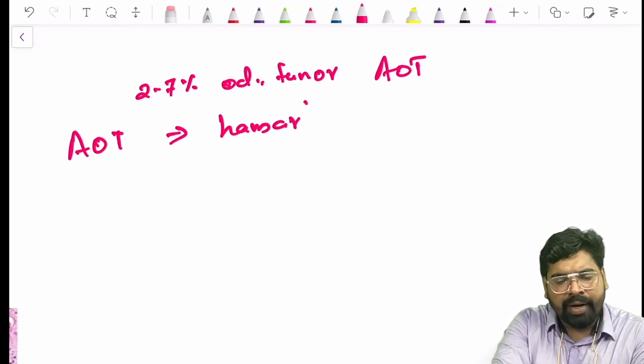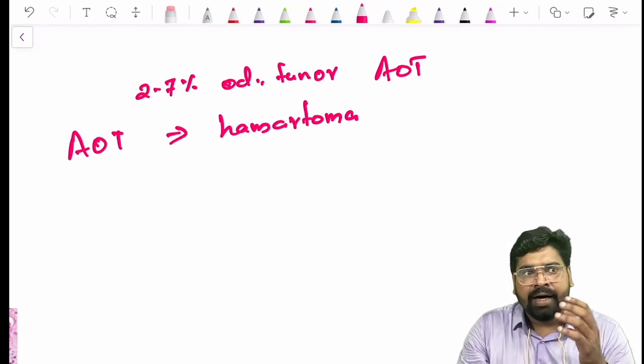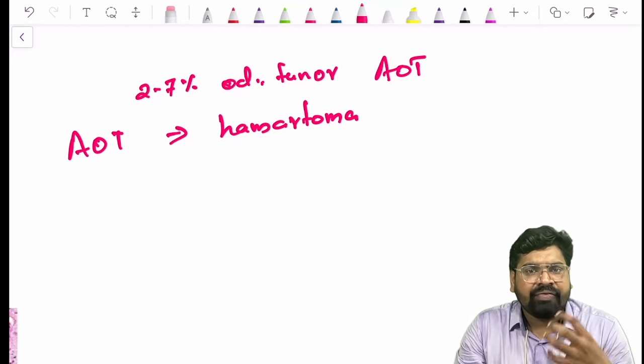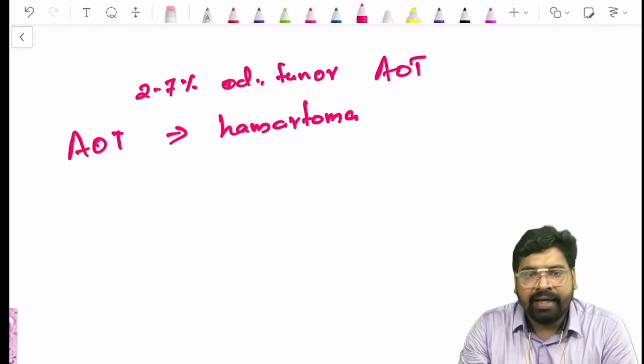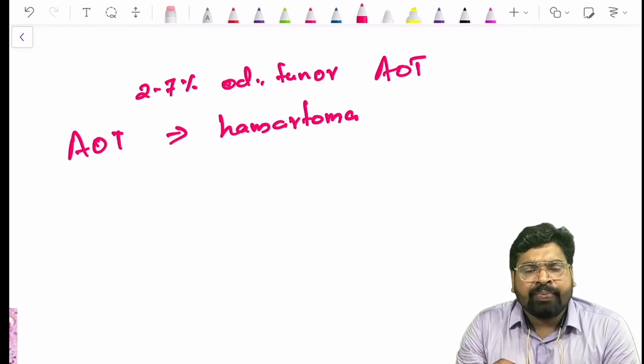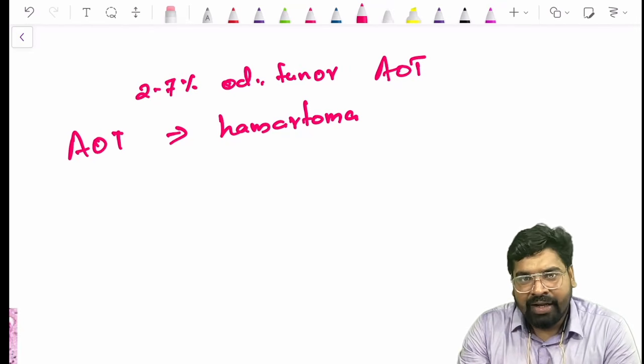Now, what do you mean by hamartoma? Hamartomas are tumors or tumor-like lesions that come from a cell which is native to that area, here the odontogenic epithelium. What is the native place of odontogenic epithelium? Your jaw, your alveolus.